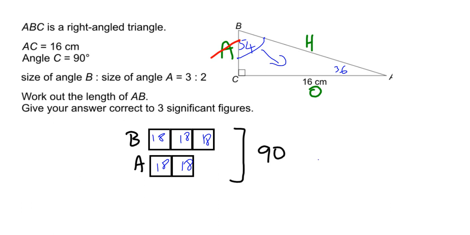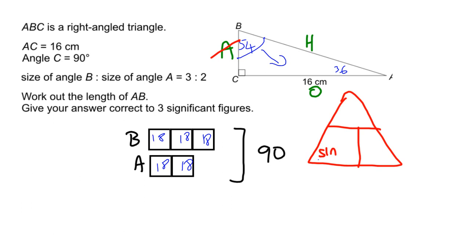So which of mine uses the opposite and hypotenuse? SOHCAHTOA. It's going to be sine. So I'm going to use the sine and do my formula triangle for that. So there is sine of 54 degrees. My opposite is 16, and I want to find my hypotenuse.